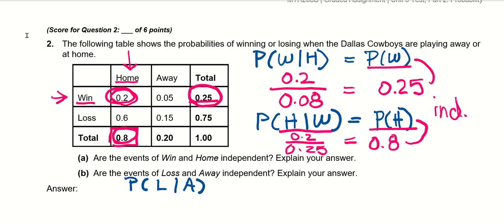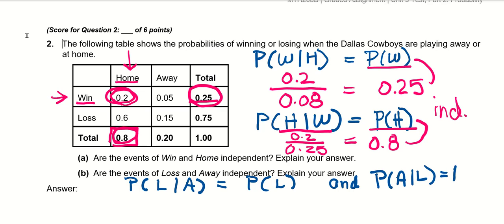So the probability of loss, given that we're playing away, we're trying to prove that it's equal to the probability of losses, and the probability of away given losses is equal to the probability of away.